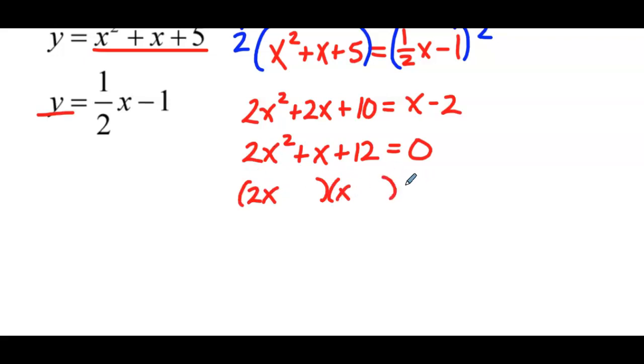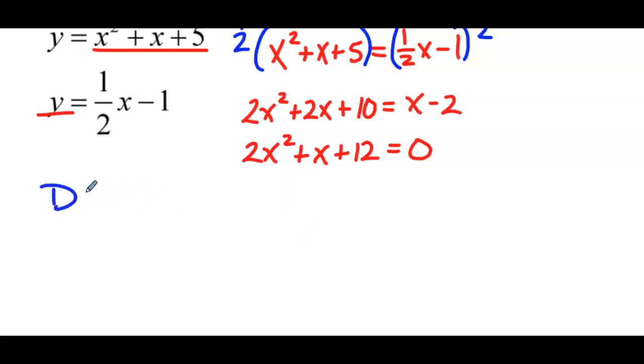That leading coefficient is prime, so we need to cycle through the factors of 12 to figure out, after we distribute, which would give us positive 1 in the middle. I'm not sure if that's going to work, so let's go back to the drawing board. Maybe it's not factorable. And if that's the case, let's check the discriminant.